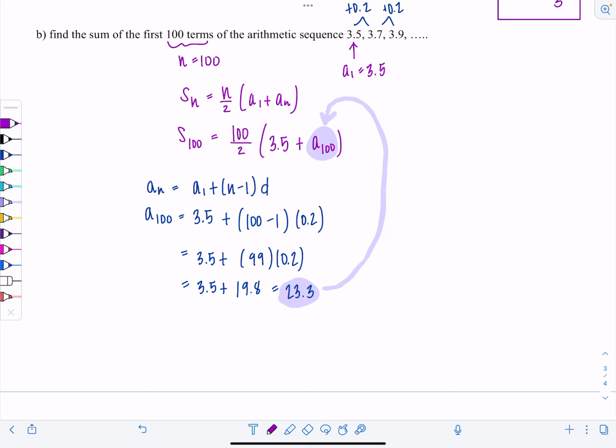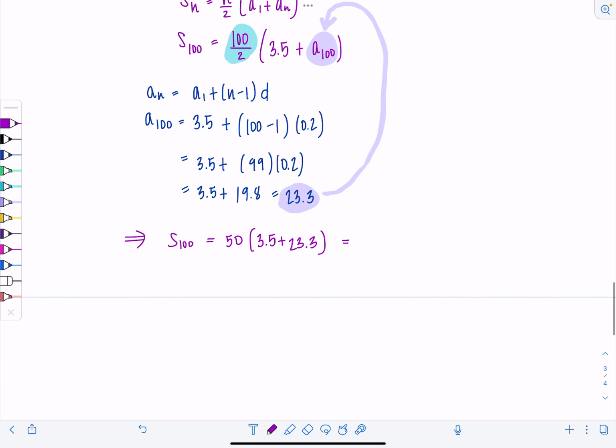All right. So now we have S100 is equal to, instead of 100 divided by 2, I'm going to put 50. 50 times 3.5 plus 23.3. And then this is going to give us 1,340.